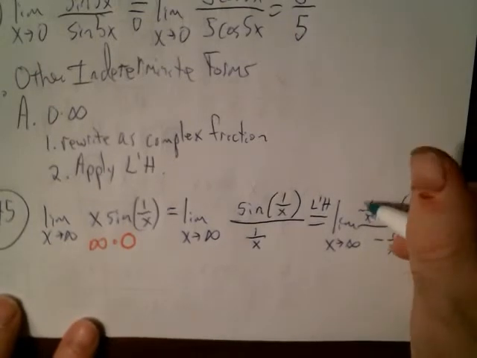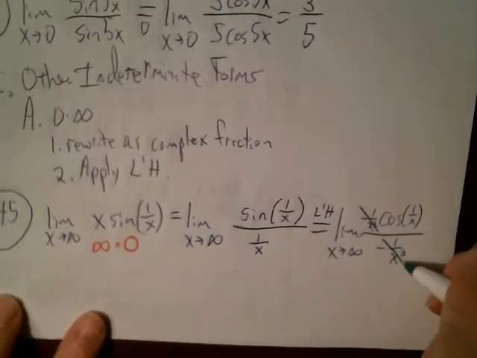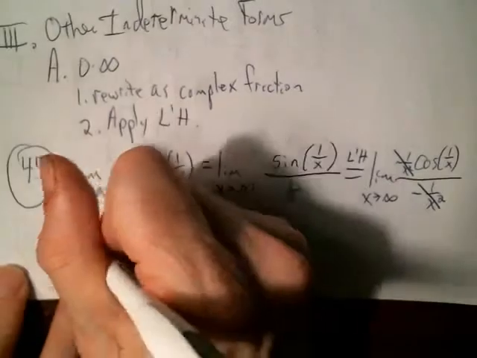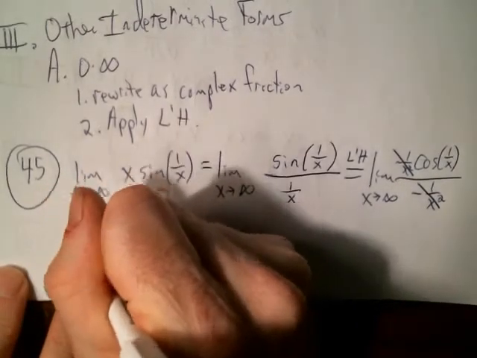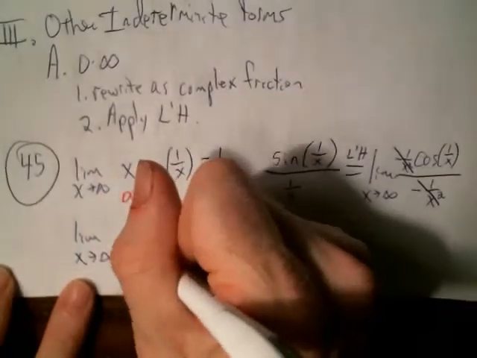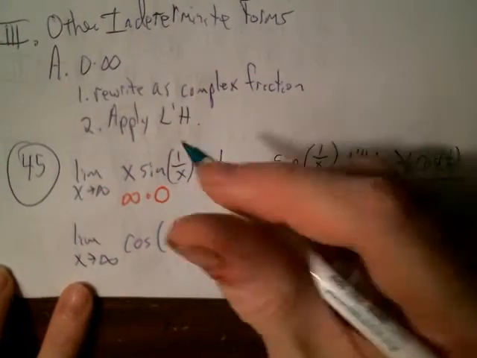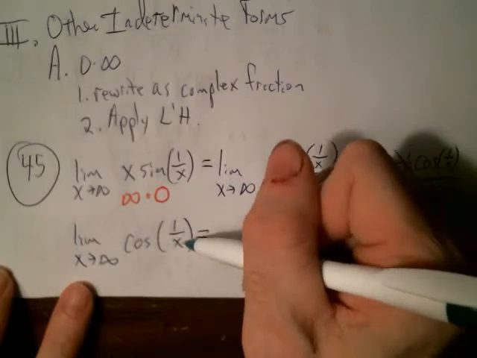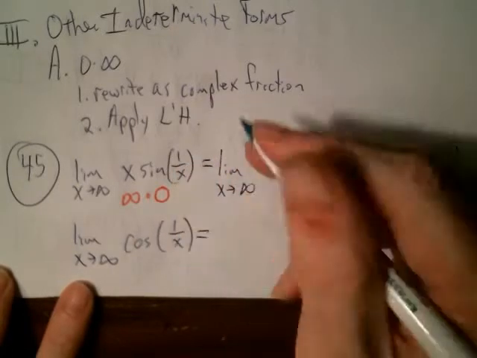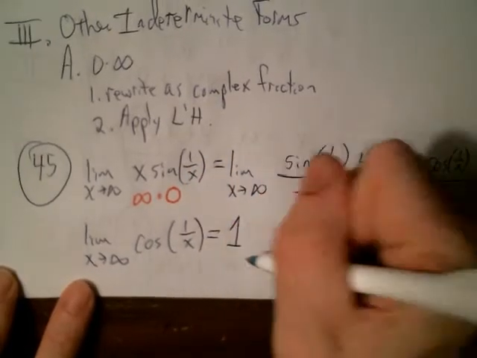Those factors cancel out, and you're just left with the limit as x goes to infinity of the cosine of 1 over x. As x goes to infinity, 1 over x goes to 0, and then cosine of 0, we all know, is just 1.